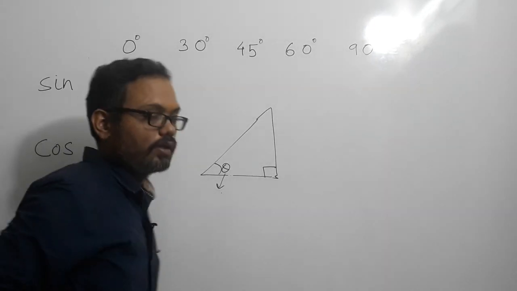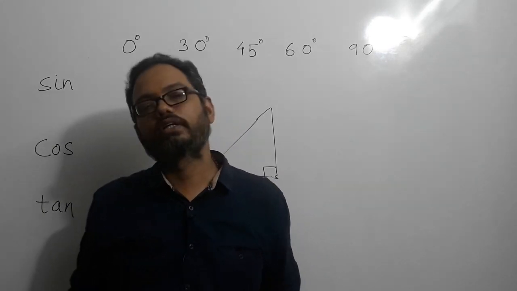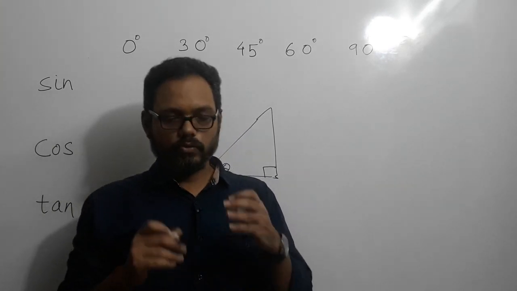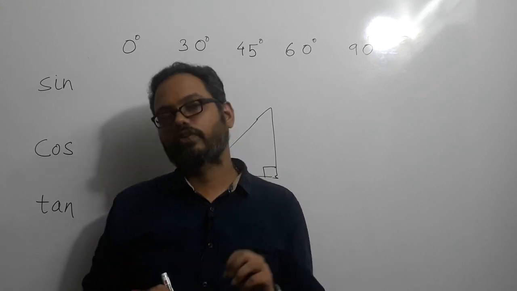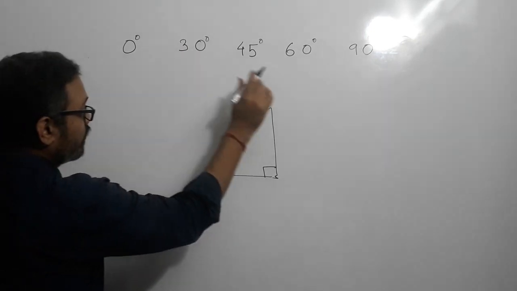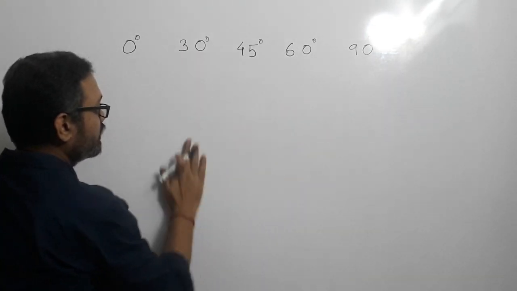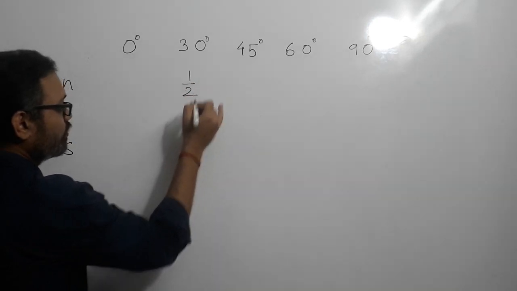Now we just studied the side opposite to 30 degrees. The value of the side opposite to 30 degrees is half of the hypotenuse.